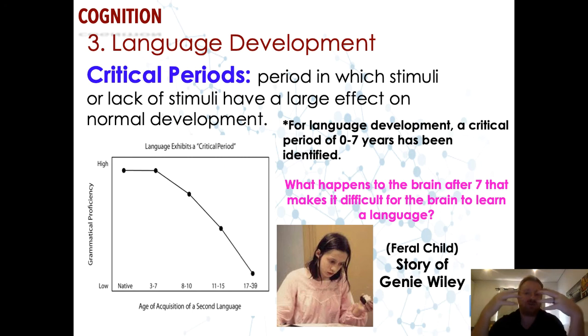But if you don't learn a language, or for example, you're learning a second language later in life, those connections after the age of 7 start to fall apart. If they're not being used, your brain says, well, if we're not going to use it, why should we waste energy on keeping these connections together? It's called synaptic pruning. It's basically your synapses, or the neurons, unconnecting. And that's essentially what happens: after the critical period, your brain has already broken those connections, and so it makes it really difficult for your brain to try and make those connections again.